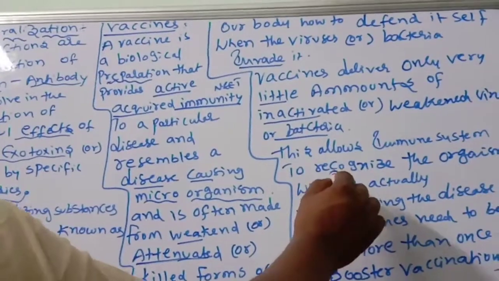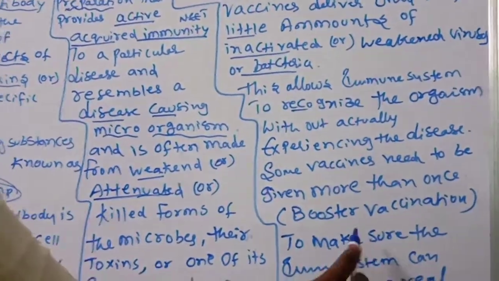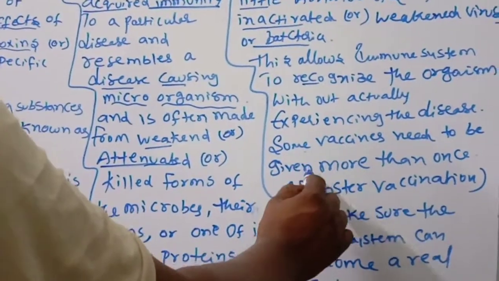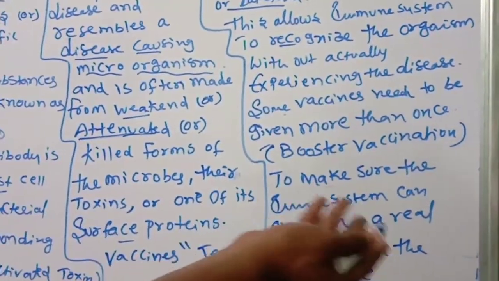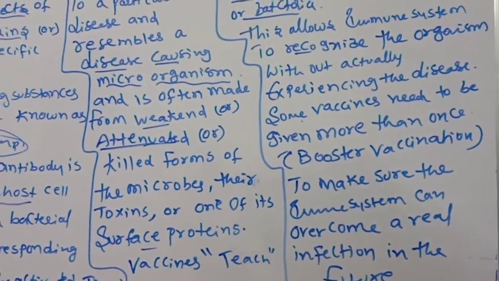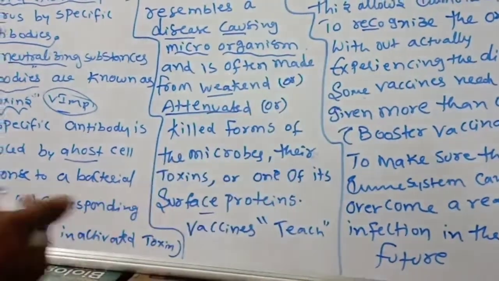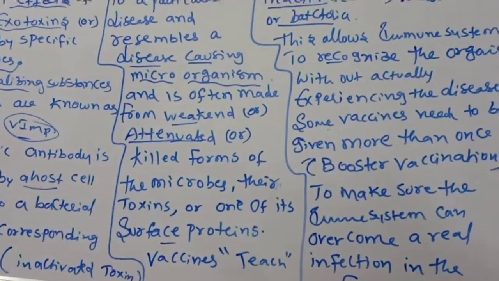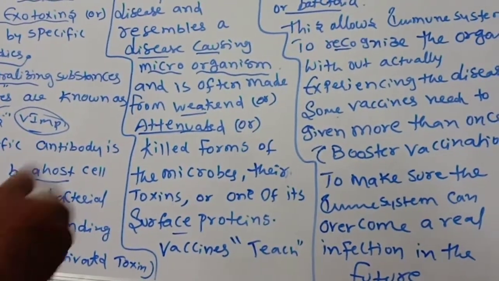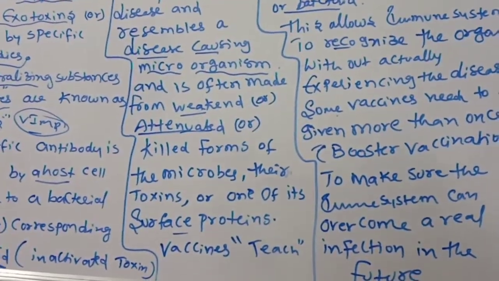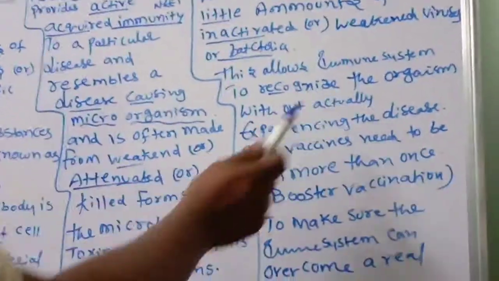So a vaccine is nothing but inactivated parasite, virus, bacteria, or only parts of them. When they enter, automatically you will get antibodies against them without actually experiencing the disease.